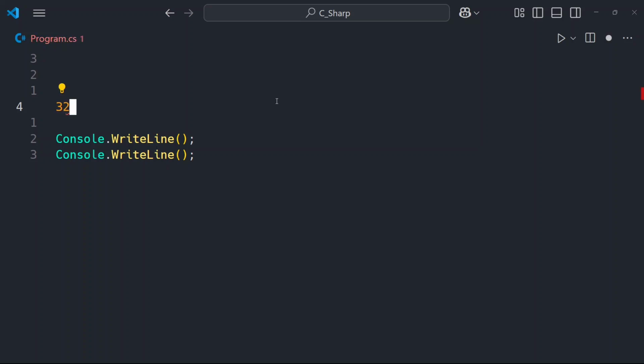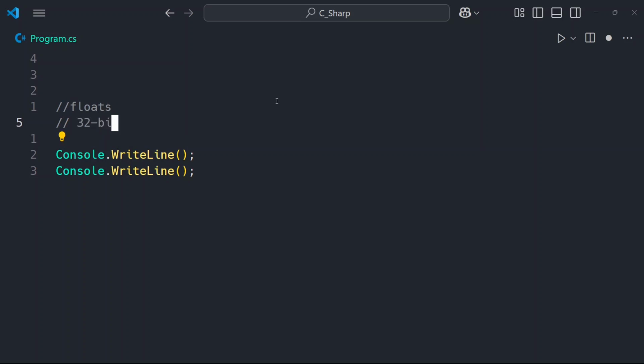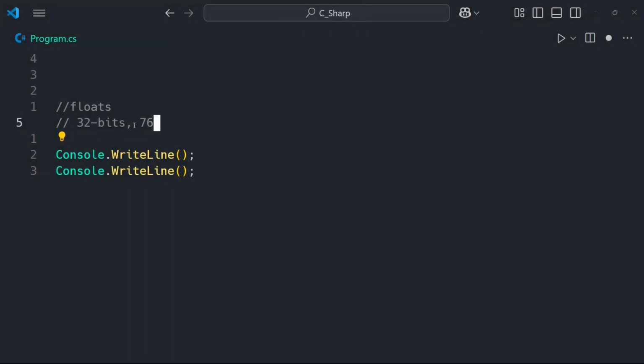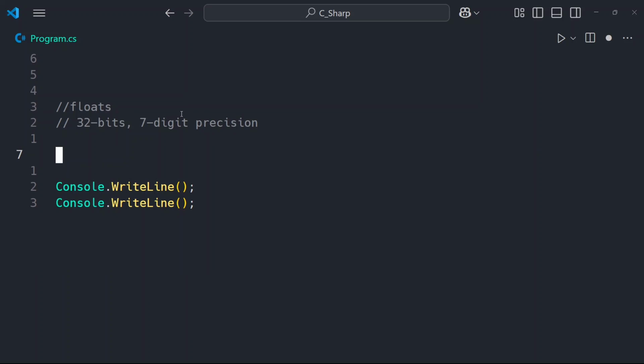Floats are 32 bits with a 7-digit precision.